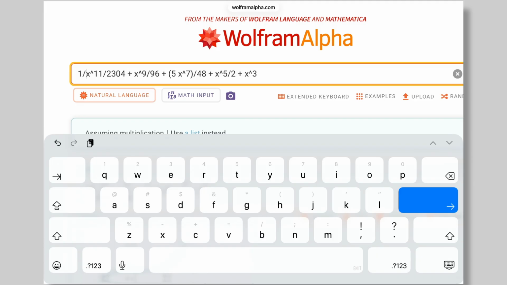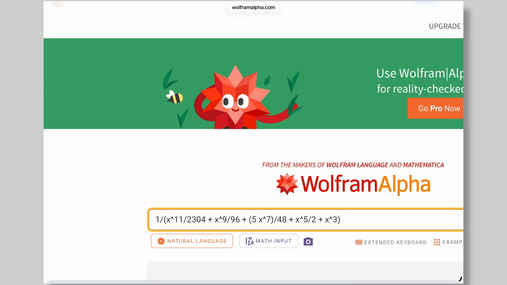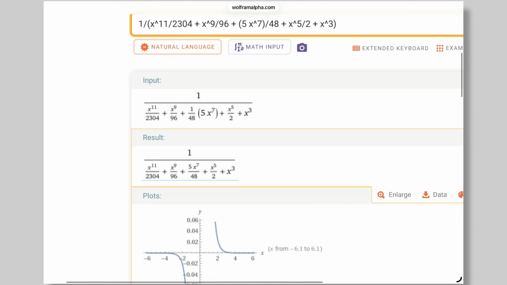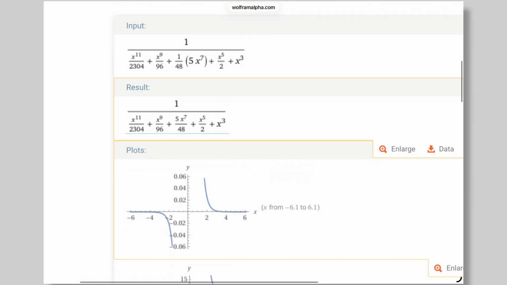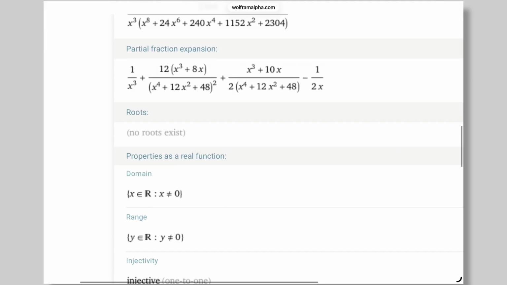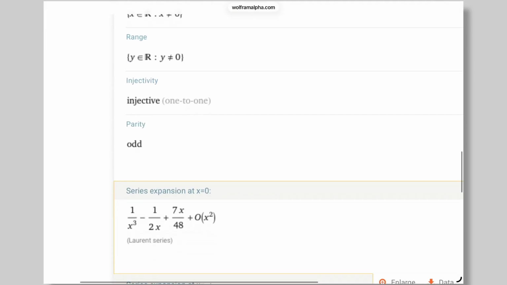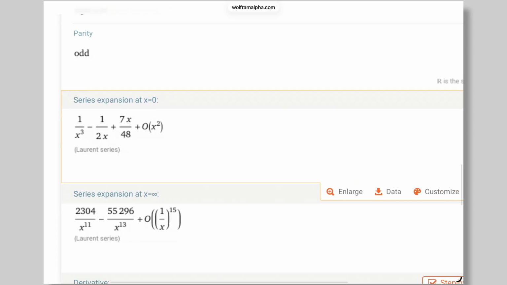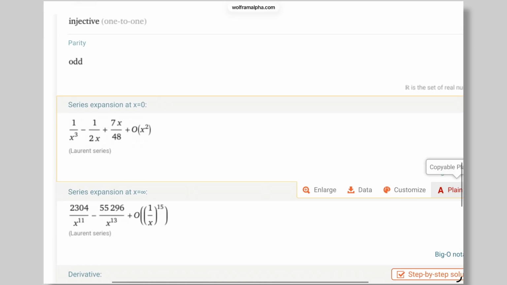So I'm going to divide 1 by all that stuff that we just pasted. The first result isn't really useful for us. I'm not sure Wolfram Alpha is going to be okay integrating that 1 over a sum of a bunch of fractions. But if we keep scrolling down, we'll see series expansion at x equals 0. That's the one I want.